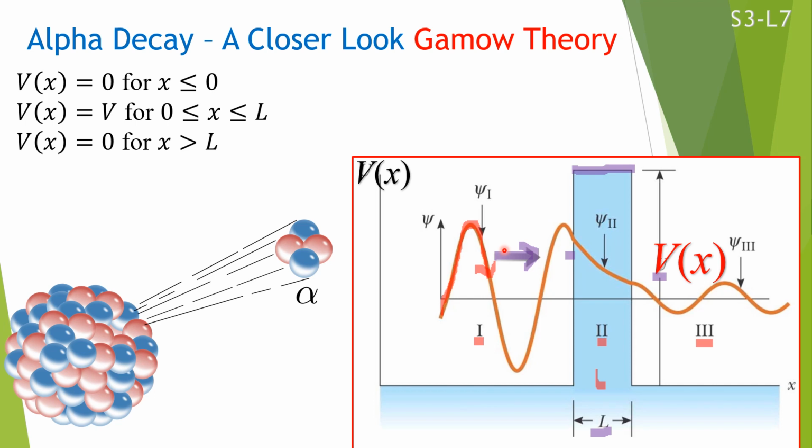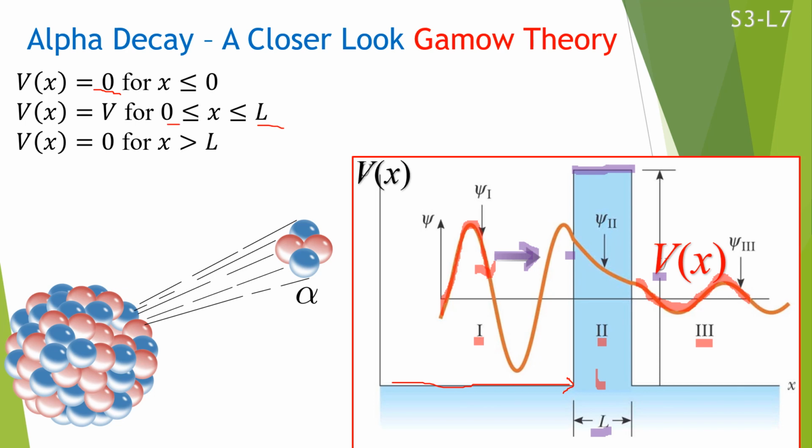In region 2, both forward moving transmitted waves and reflected waves from the other side of the barrier are present. And in region 3, only one forward moving transmitted wave is present.